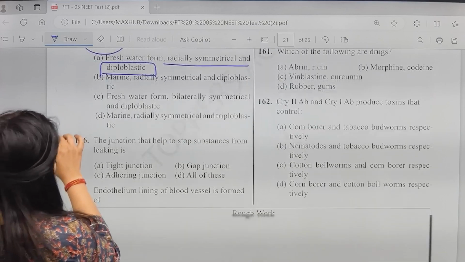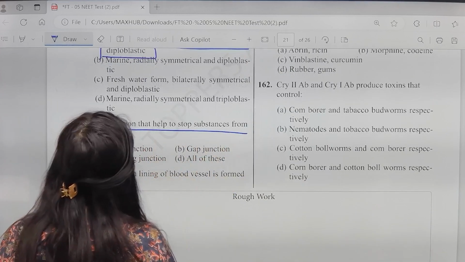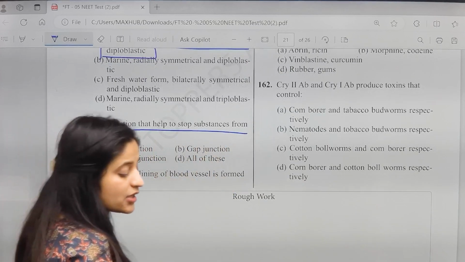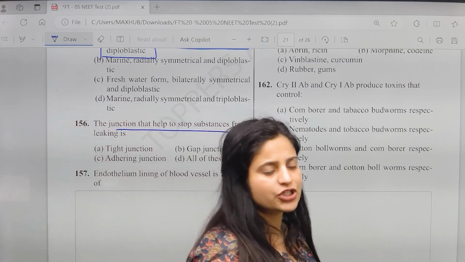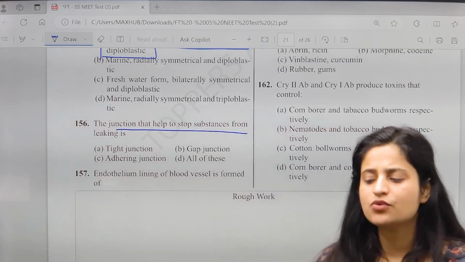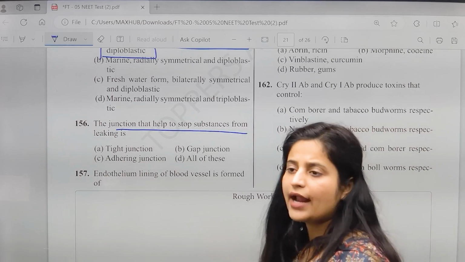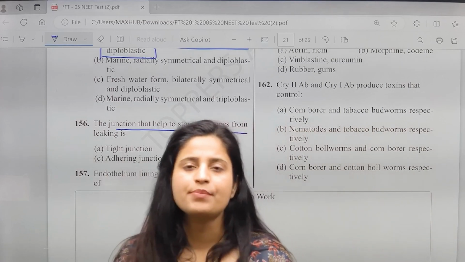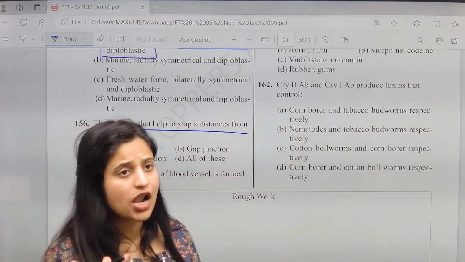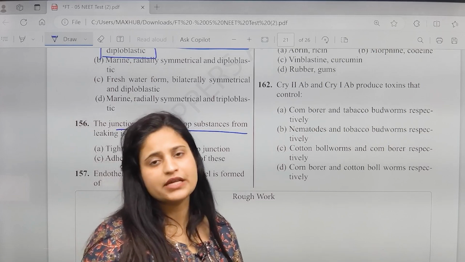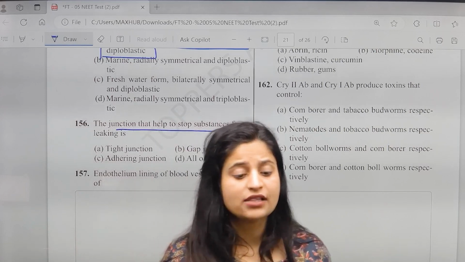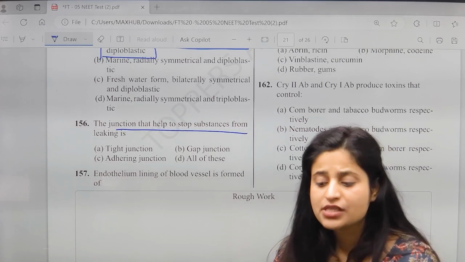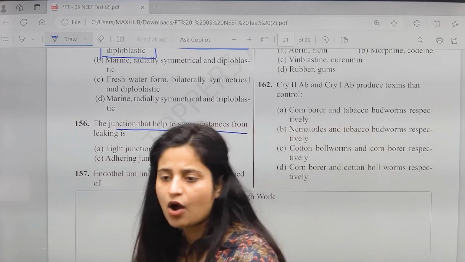The next we have: the junction that helps to stop substances from leaking is. Cells have different types of junctions to exchange materials and nutrients. For example, the gap junction allows the exchange of substances and the movement. And next we have the tight junction, which prevents the leakage.